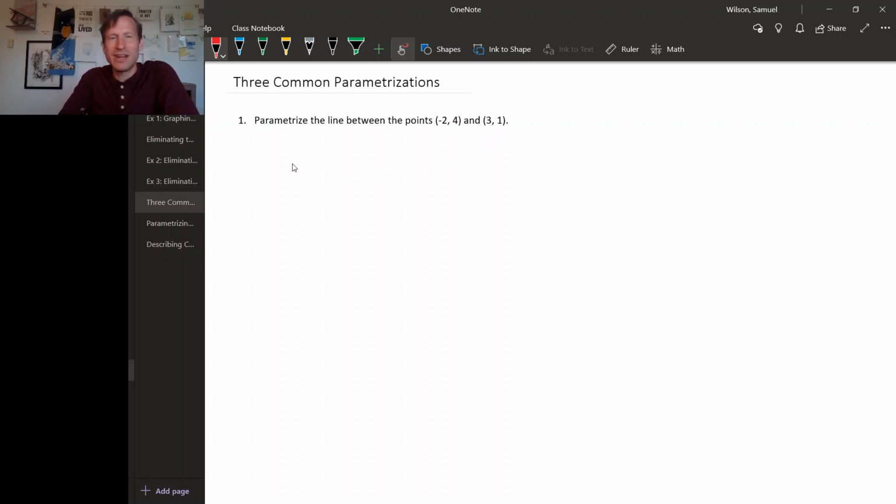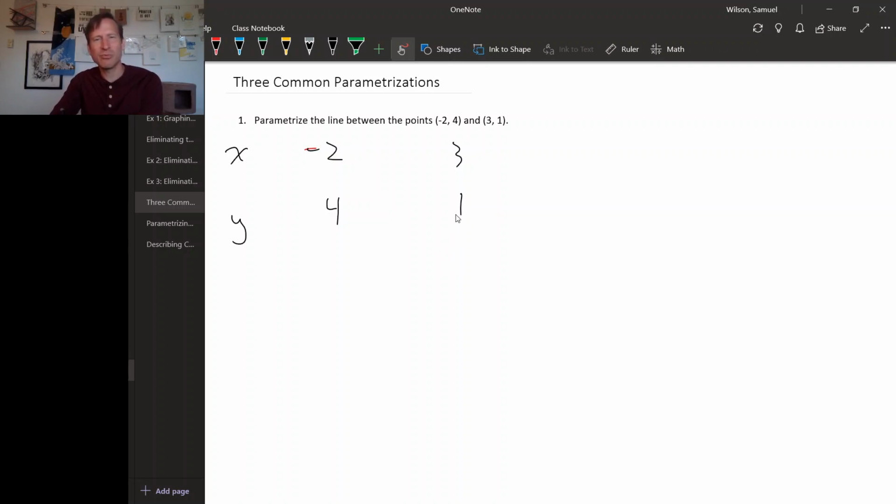The idea here is we have two x coordinates, -2 and 3. These are our x coordinates. And our y coordinates are 4 and 1.